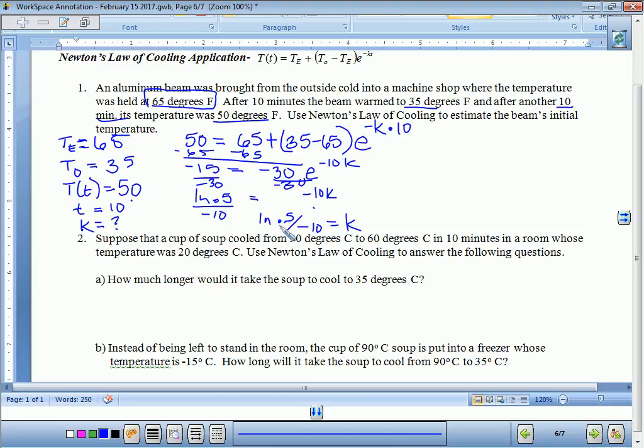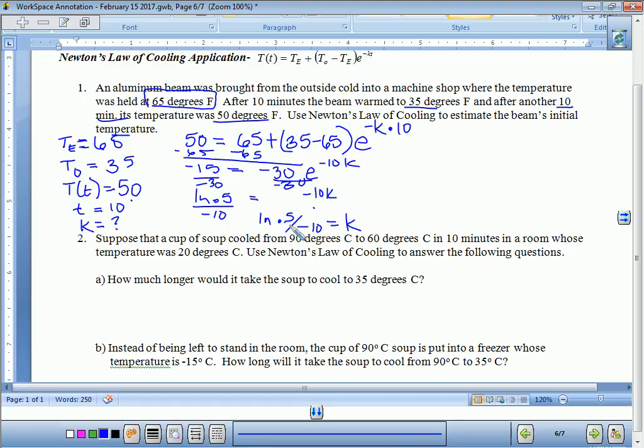I'm just curious, if we are trying to find the initial number, doesn't that mean that the time would be 0? And if the time is in the exponent and times 0 is 0, then did we really need to find k in order to find it? That's some conceptual stuff.